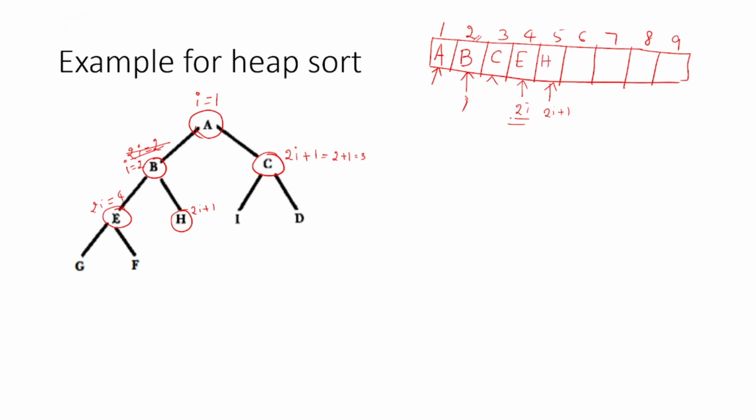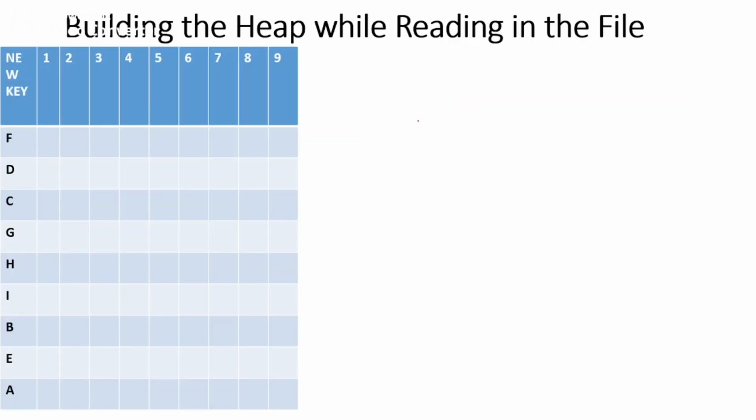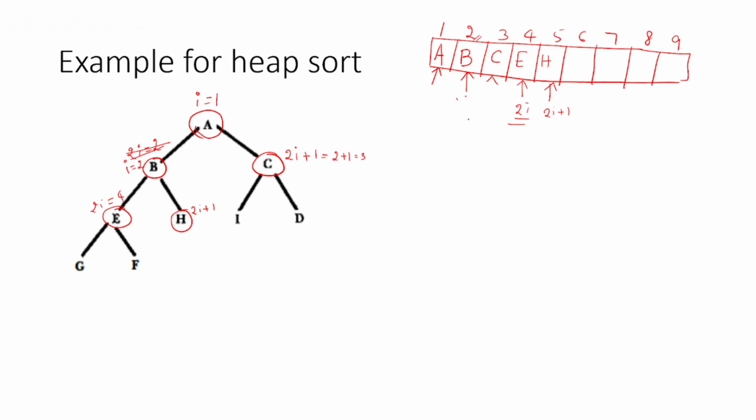Again increment I by 1. So this is not your I now. Increment I by 1. This is the I value. So when this is the I value, I is equal to 3. 2i will be 6 and 2i plus 1 will be 7, right?